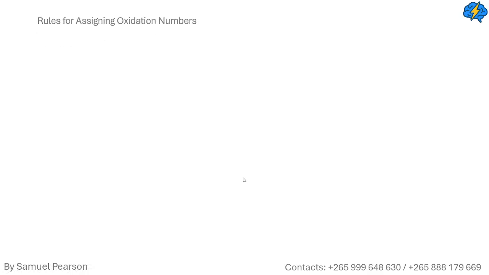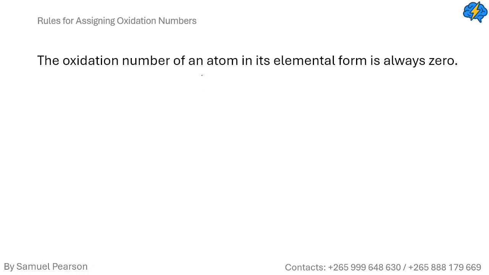Rule number 1, the oxidation number of an atom in its elemental form is always 0. So what does that mean? When an atom is existing as a free element without combining with another element, the oxidation number of that atom is 0.